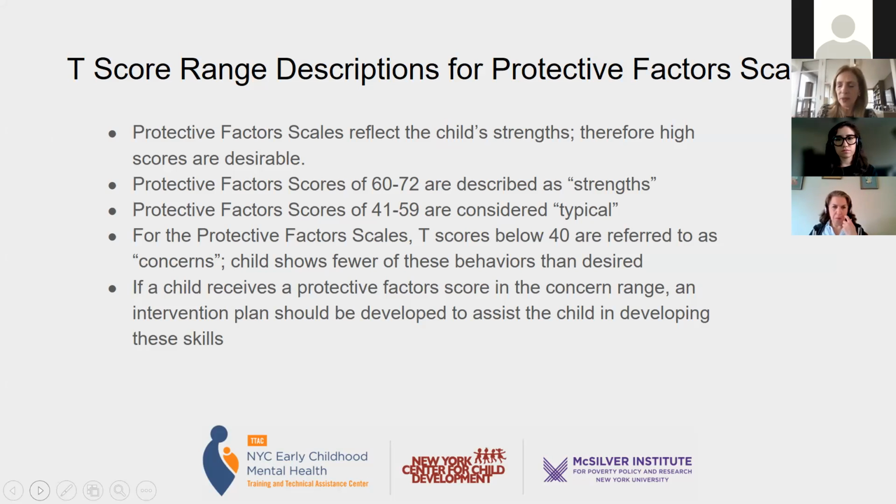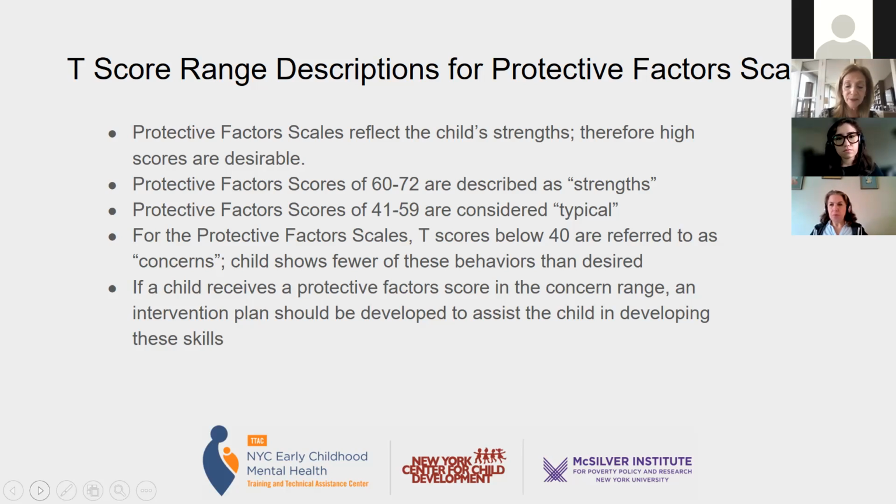Okay, so getting back to the DECA, protective factor scores reflect the child's strengths, therefore high scores are desirable. Protective factor scores of 60 to 72 are considered strengths. Protective factor scores of 41 to 59, those that cluster around the mean, are considered typical.